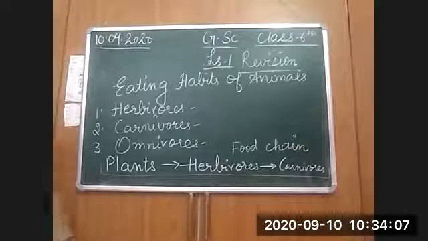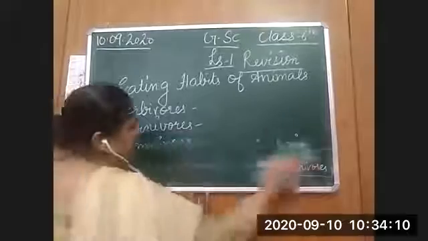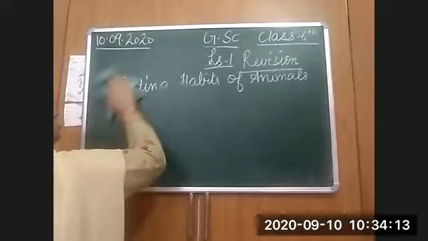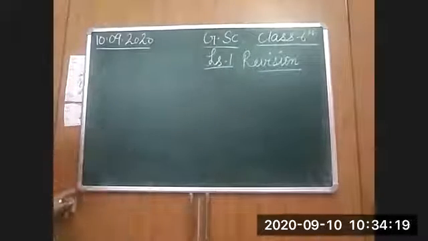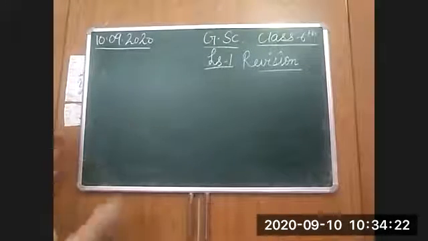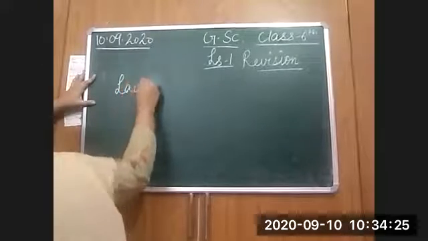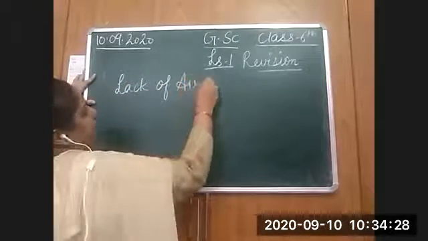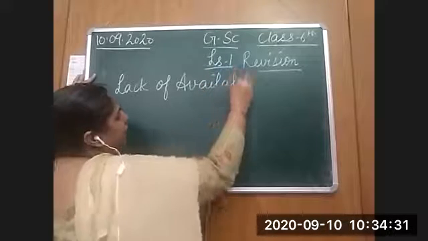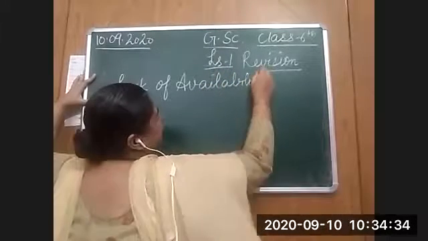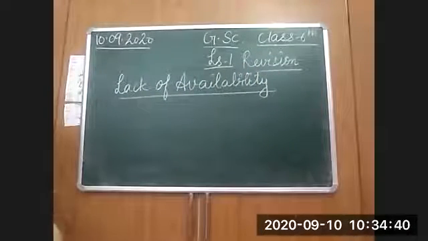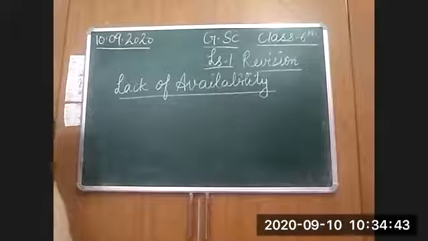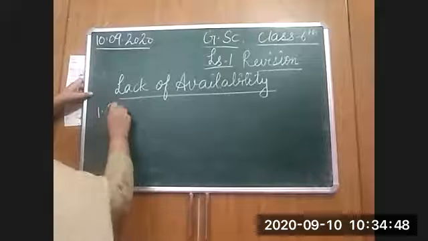Now, beta, a question arises: if so much food is available, why is everyone in the country not able to get food? Lack of availability. Why is food not available to everyone? Because there is wastage of food.